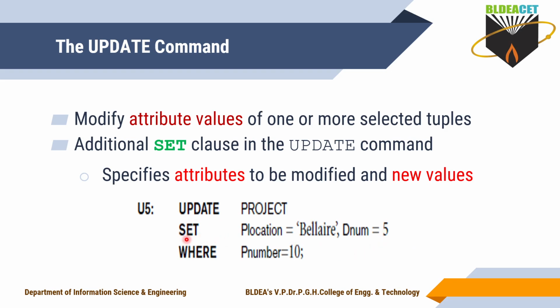Those you specify in the set clause, and in the where clause, the tuple condition, according to which tuple we want to modify, you specify using this where clause. These are some of the commands used to modify the relations, the tuples you have inserted in the relation. If you want to make modifications, it is possible by using these commands. Is it clear now? Okay, thank you.